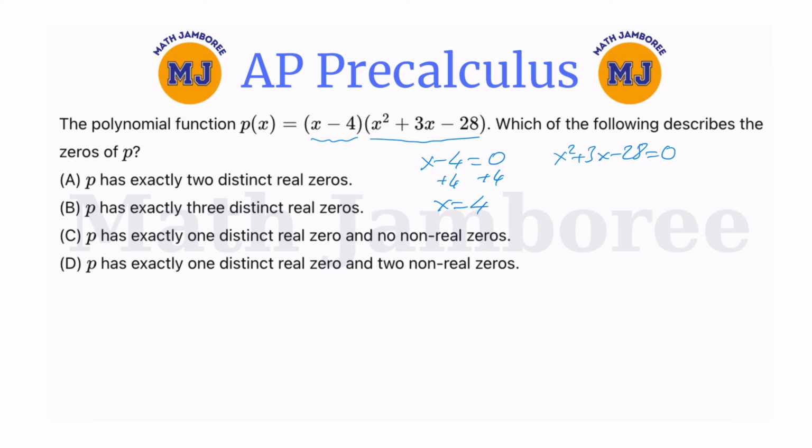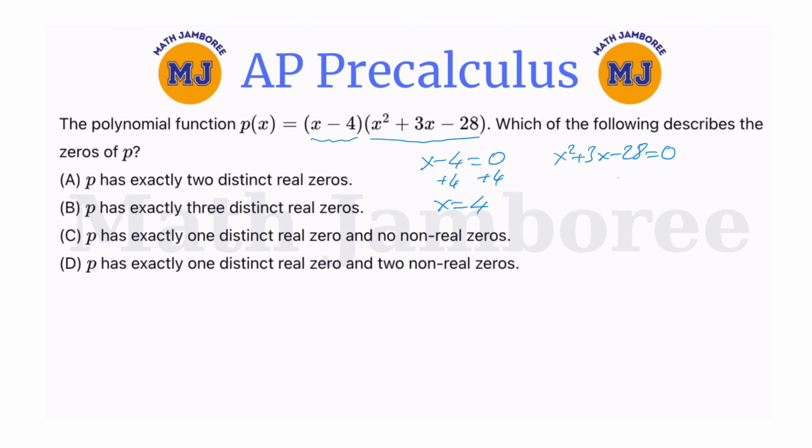On the second equation, we will need to factor it. To solve x squared plus 3x minus 28 equals 0, we need two numbers. When you multiply those two numbers, the factors of 28, it gives you negative 28, but when you add them up, you will get positive 3.